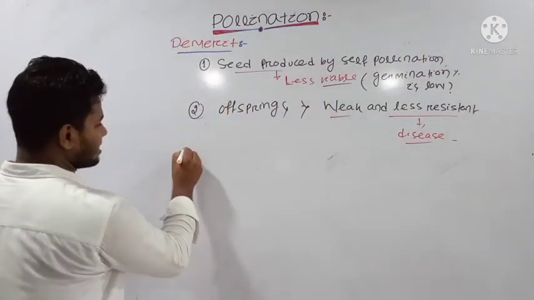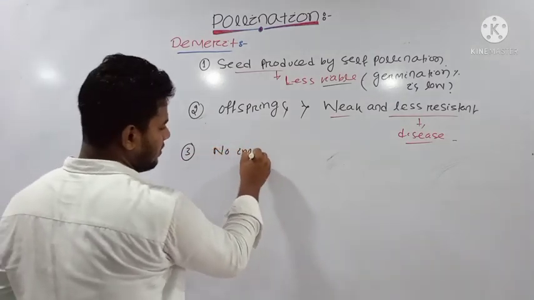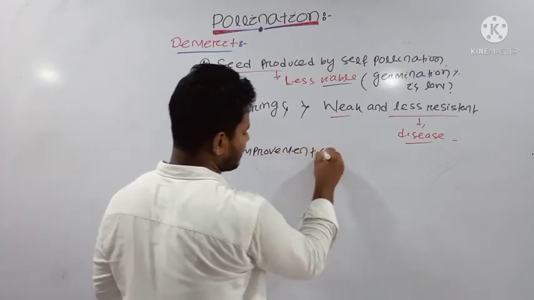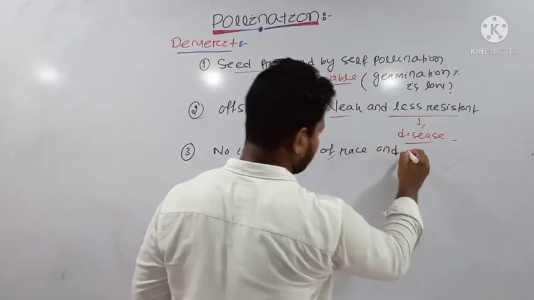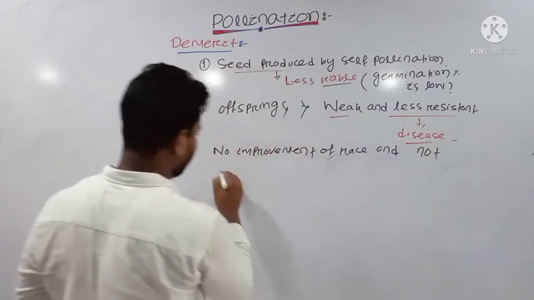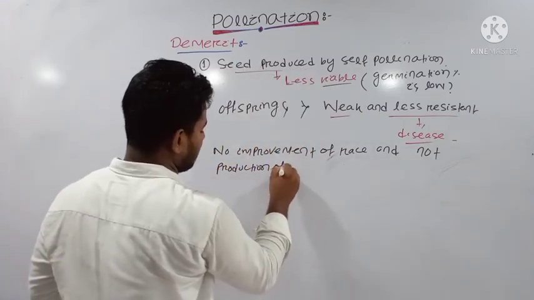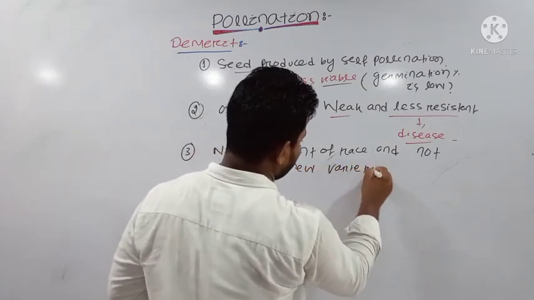Clear? The next important point is that there is no improvement of race and no production of a new variety of species.